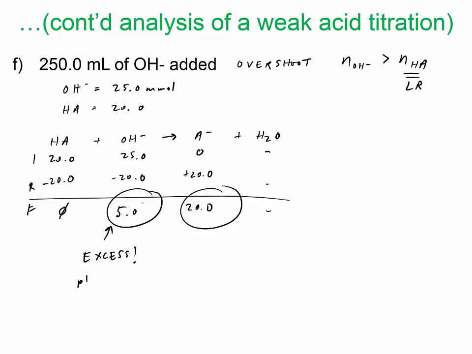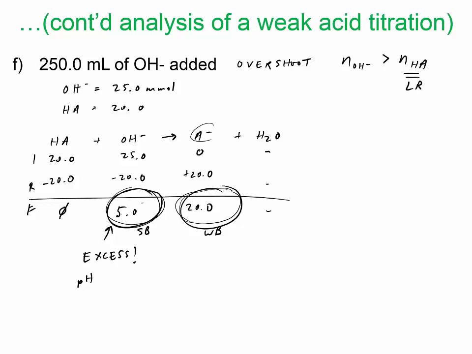So really you have a strong base and a weak base. Unless the KB is really, really high, then you might have to factor that in, but I've never seen that on a titration.